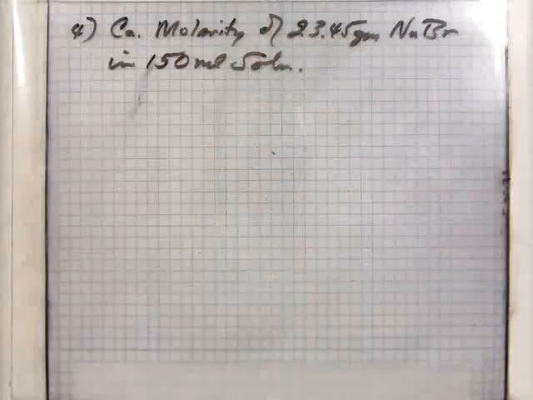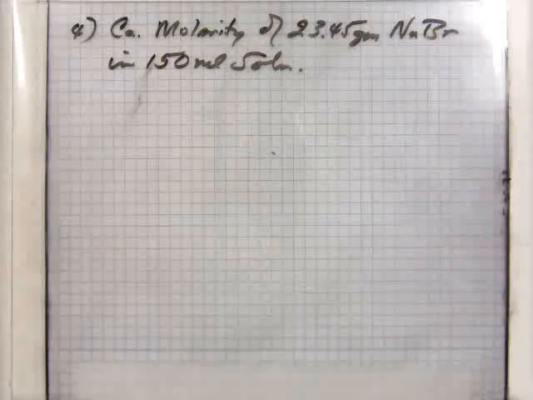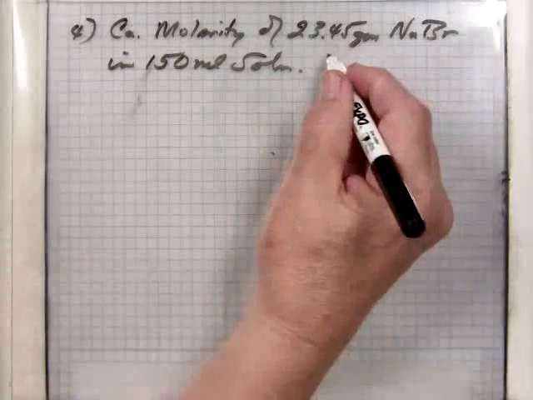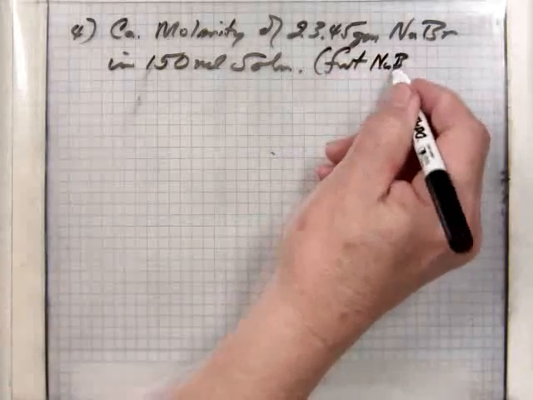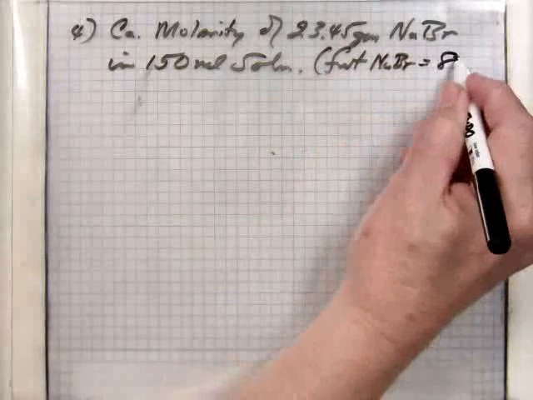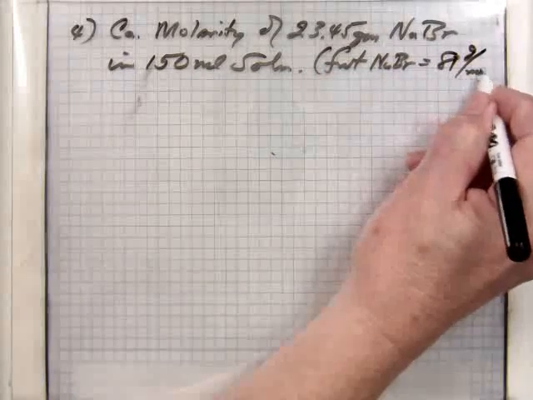Calculate the molarity of a solution that's 23.45 grams sodium bromide, 150 mils of solution. Formula weight of sodium bromide equals 81 grams per mole.